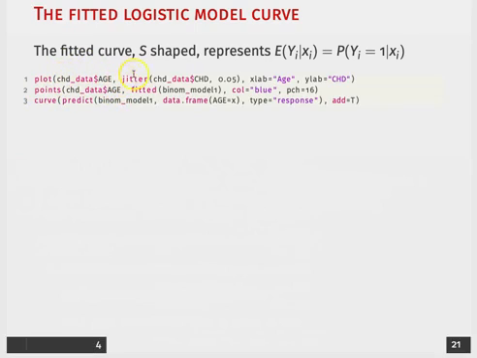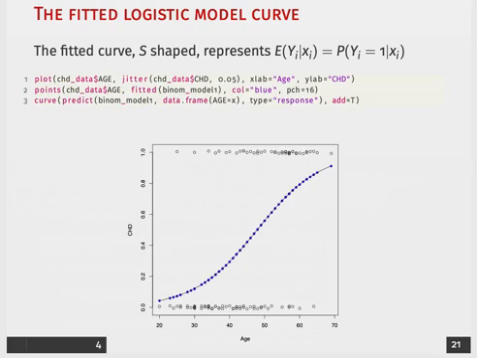I'm adding a jitter so that you can see the underlying observations, the data that the model is being generated from. Here I'm adding the points of the fitted binomial regression. These are the predicted probabilities, or the expected values of Y given a certain age, and I'm adding a curve between these points to help show this visually.